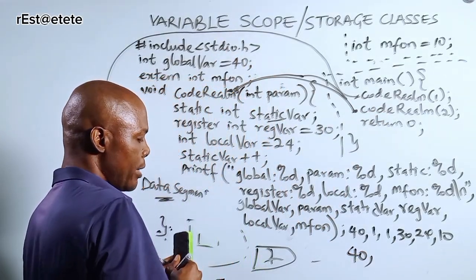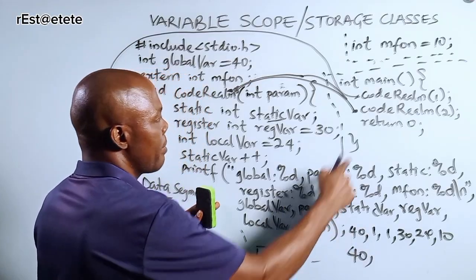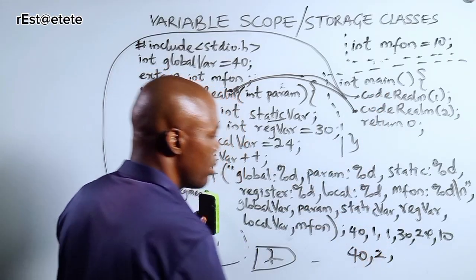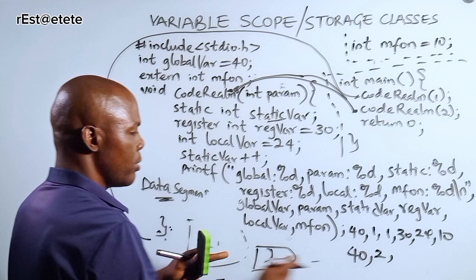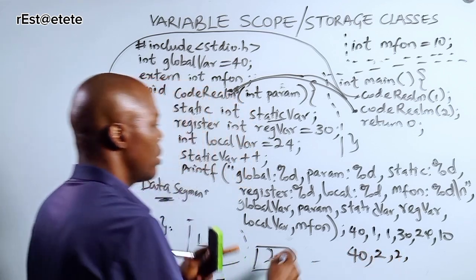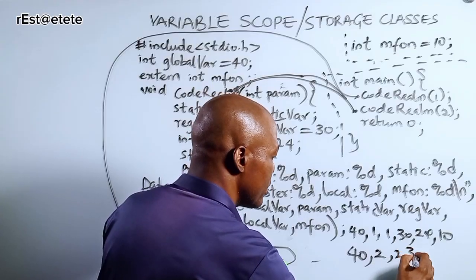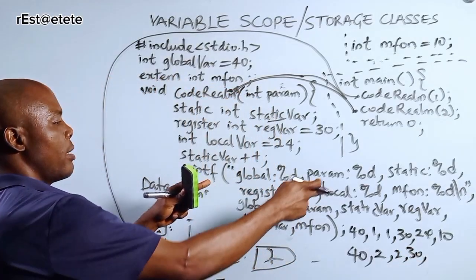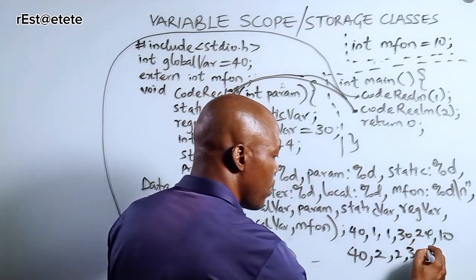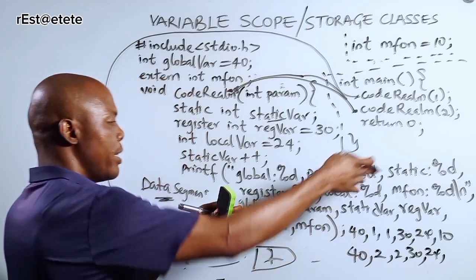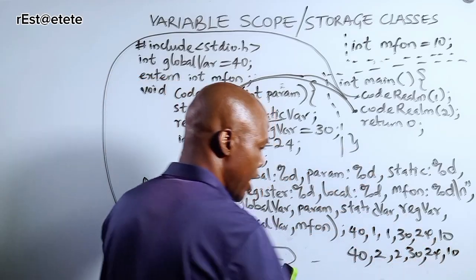Then param will now print 2. Static will also now print 2. Register will print 30. Local will print 24. And fun will still print the same thing, 10.